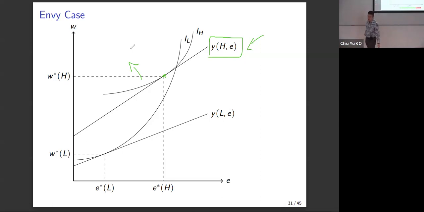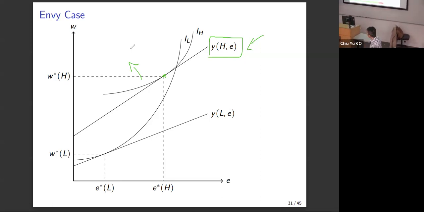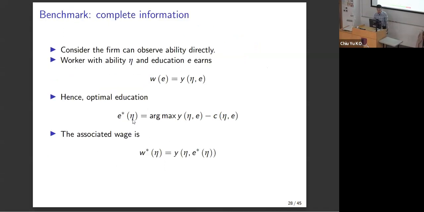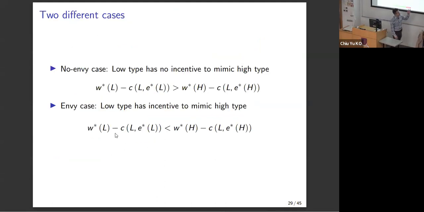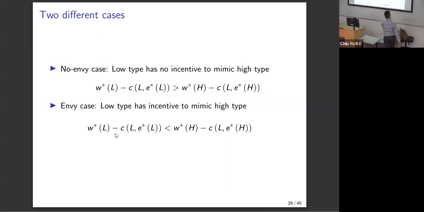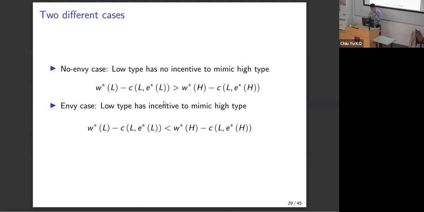This is the complete information setup, and whether you have the NV or no NV case is the setup of the problem, independent of what is chosen there. Based on this complete information benchmark, we decide whether we are in the no NV case or the NV case. This is based on the optimal condition.